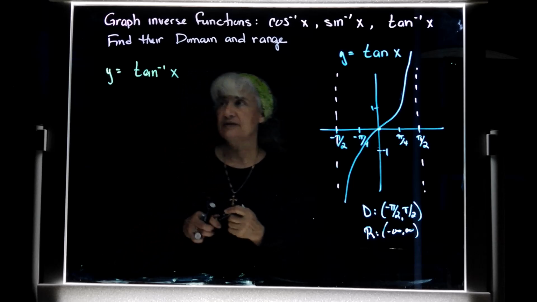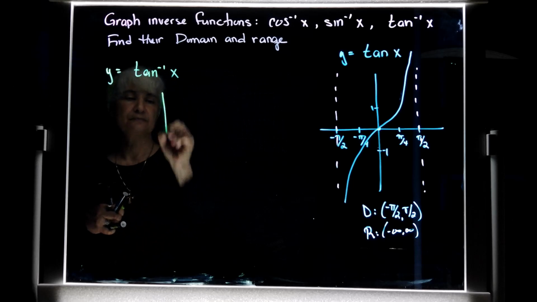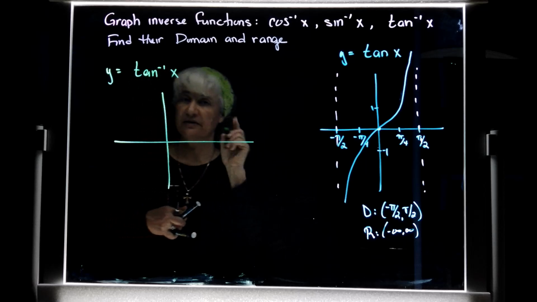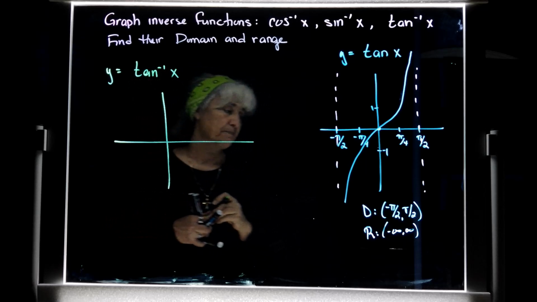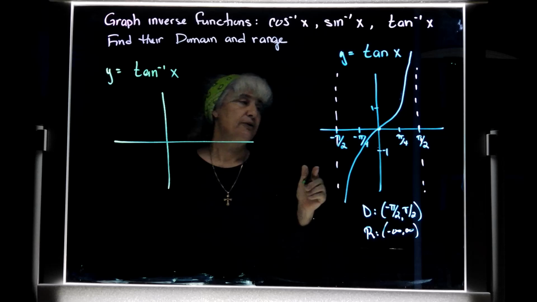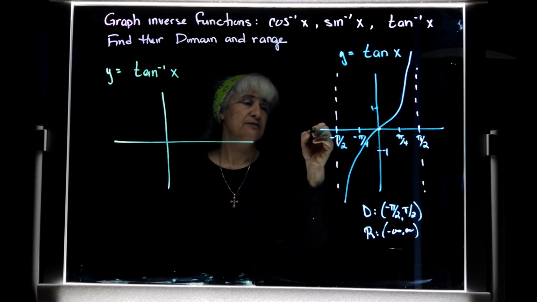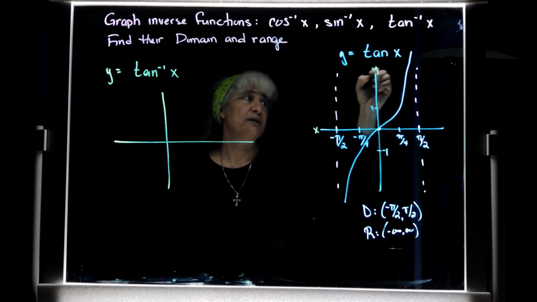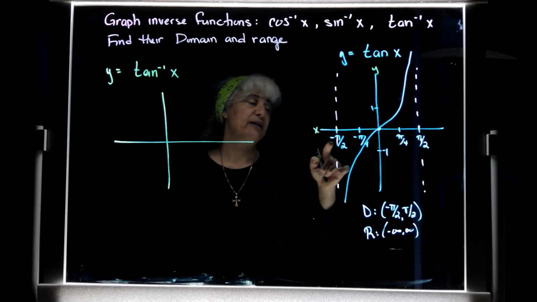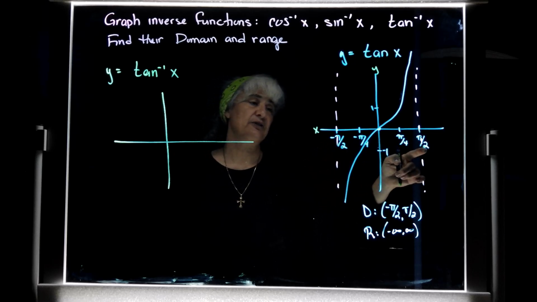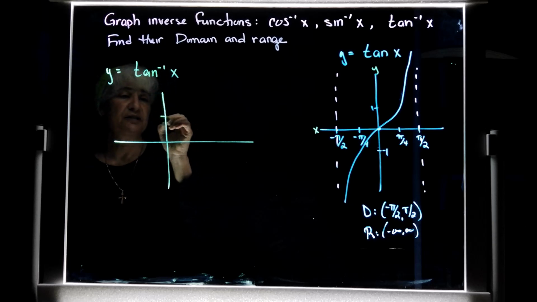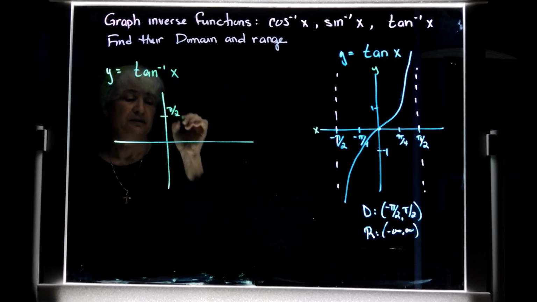So let's take a look at the inverse graph of tangent. So remember, the domain, the x's and the y's, so my x's go from negative pi over 2 to positive pi over 2, which means those switch over to now my y's.